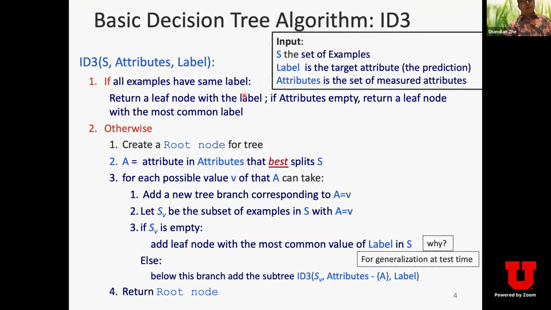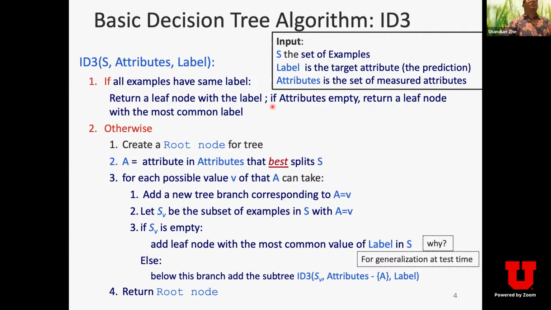And the second case is also very important and is also common practice. That is, your attributes have been exhausted. It's possible that this labeling is so complicated, right? I just give you 5 features or 5 attributes, which won't be sufficient to let you reach a uniquely labeled set of examples, right? It's possible that you have used every attribute to split the data set. You still have mixed labels, but in that case, you don't have other choice. You have to stop, right?